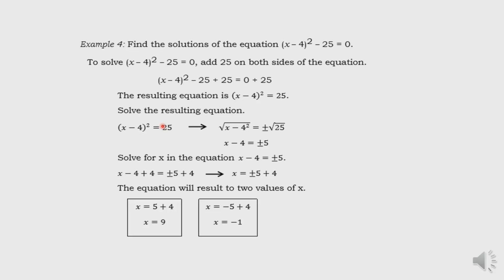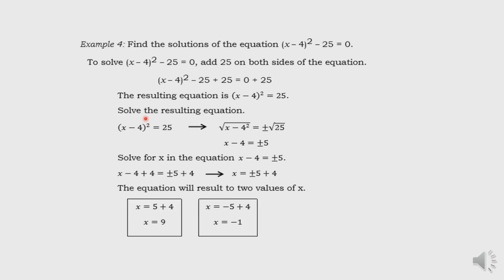Now let's find the solutions of the equation: the quantity x minus 4 squared minus 25 equals 0. To solve it, add 25 to both sides of the equation, applying the addition property of equality, which states that any number added to the left and the right side of the equation keeps it equal.